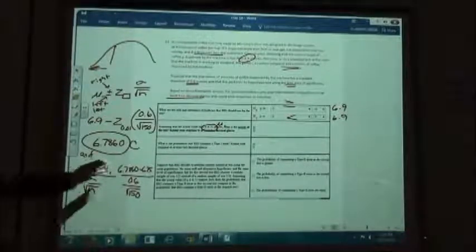Put that in the calculator. Something doesn't sound right there.